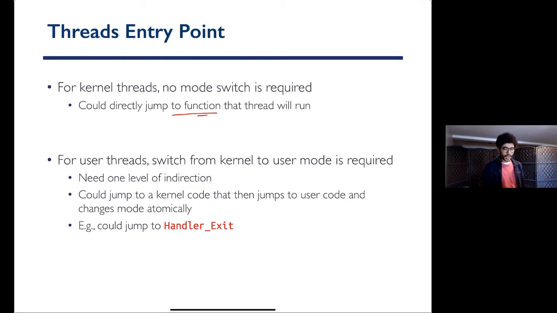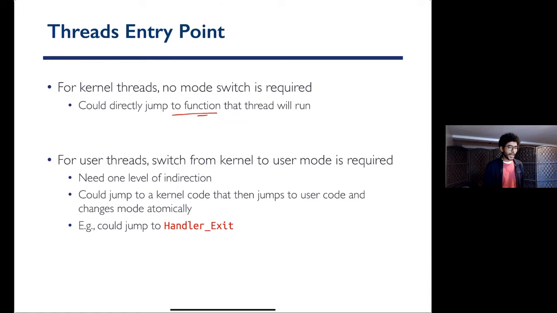And why can we do that? Because we are already in kernel mode. If you remember the previous slide, I said we're running this code in kernel mode. If the new thread is also a kernel thread, we're not going to change the mode, so everything is fine. We can just push the address of the function that this thread wants to run on the stack. So when thread switch pops the return address, it just jumps to this function and starts running it.